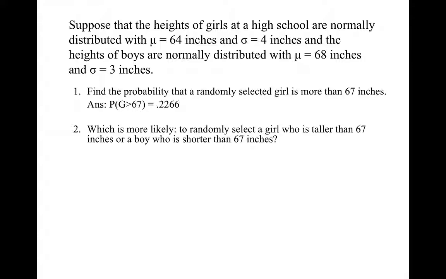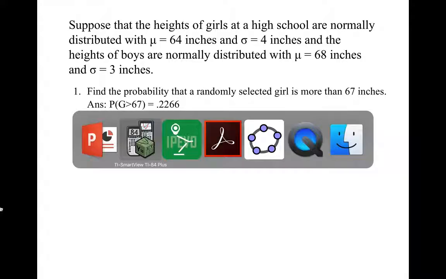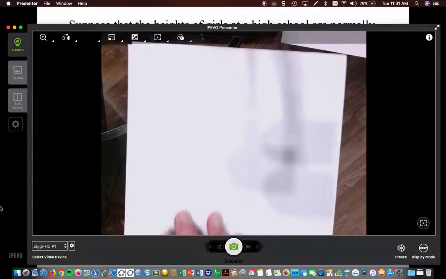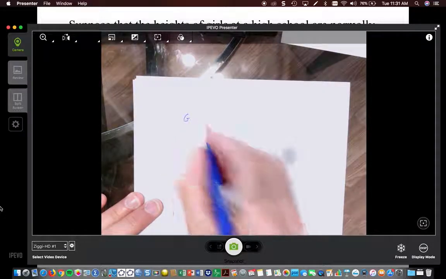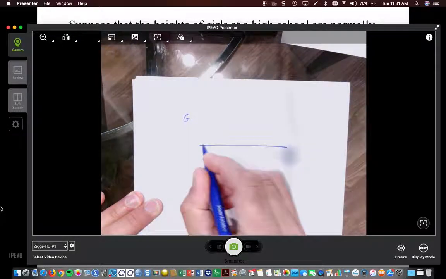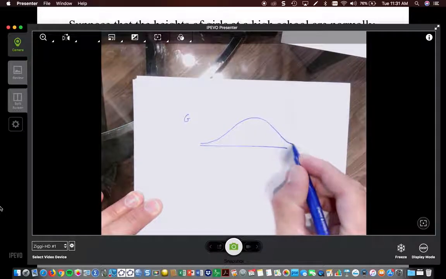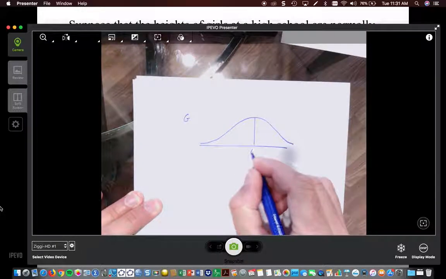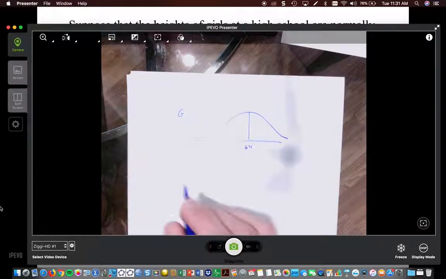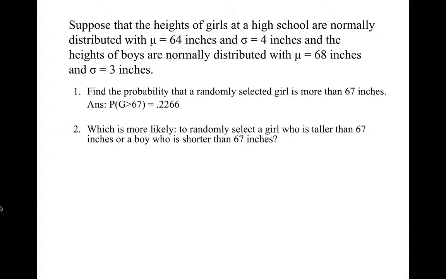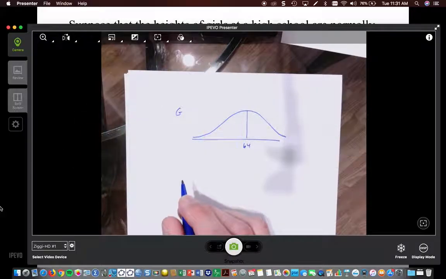And what I'd like to look at on this one is seeing if we can do this without actually calculating the probabilities. All right, so let's think about which is going to be more likely, a tall girl or a short boy. All right, so if you look at the distributions of girls and boys, so for the girls, they had a mean of 64 and a standard deviation of 4.